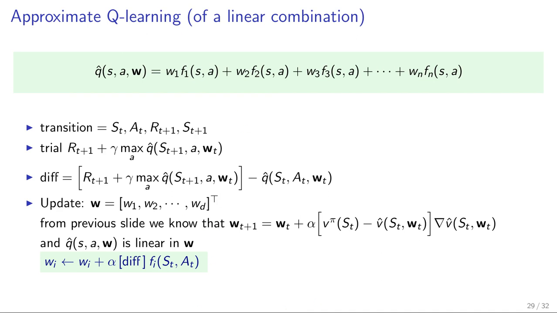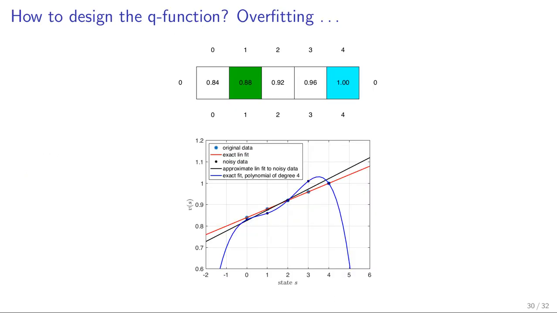I don't think we have to go into the details, but we will in the last block of the lecture, when we deal with perception and classifiers and so on. How do you design the Q function? As you probably know, in all machine learning there is the problem of overfitting.